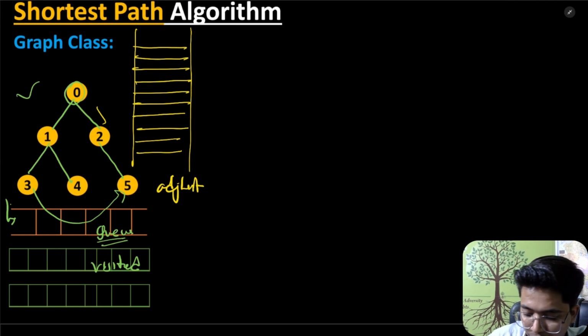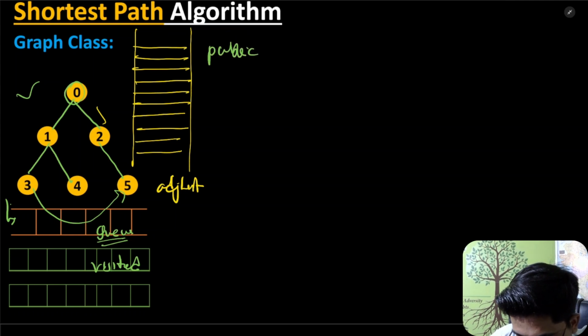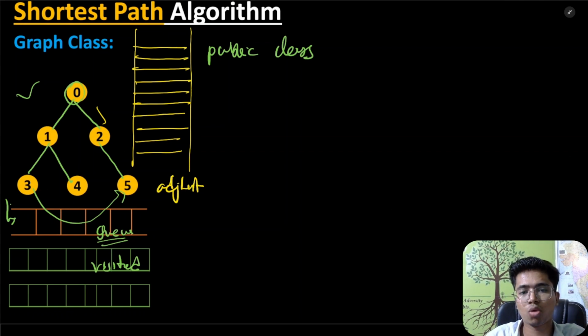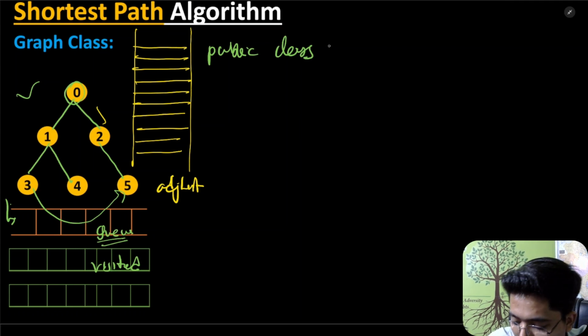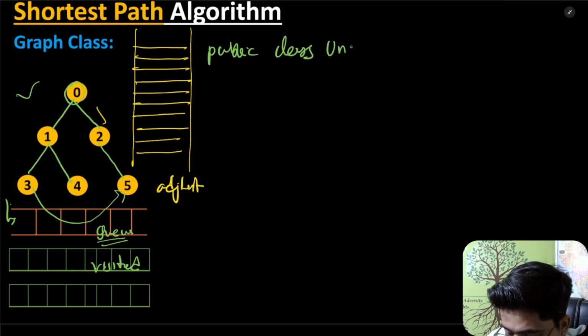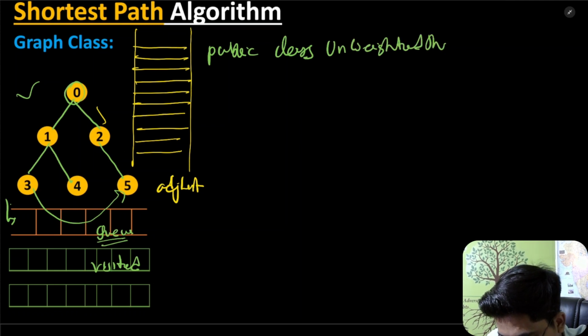So we write public class, and we'll be calling the file name shortest graph traversal. We can take any name we want, but unweighted shortest path will be better for our question. So let's take public class UnweightedShortestPath.